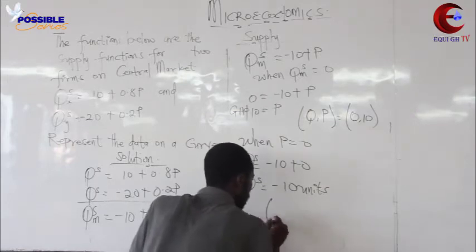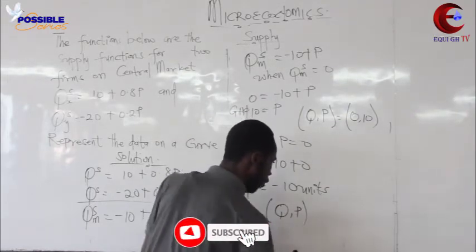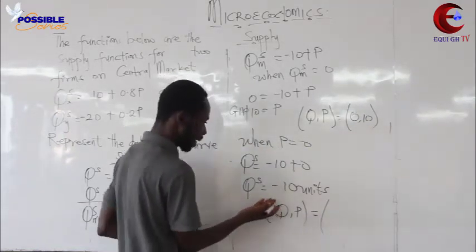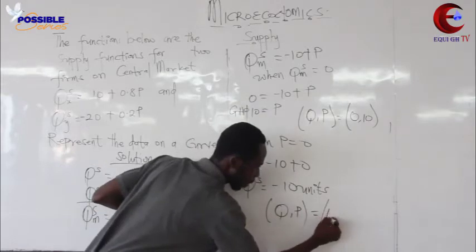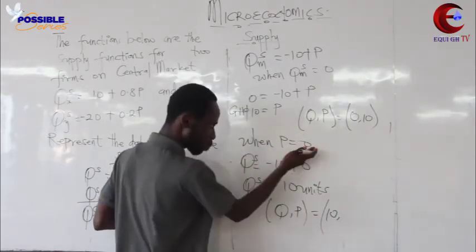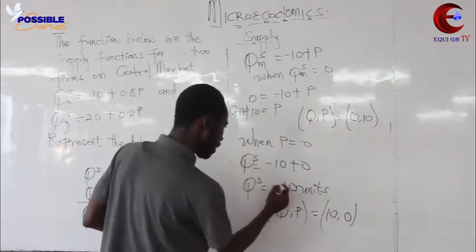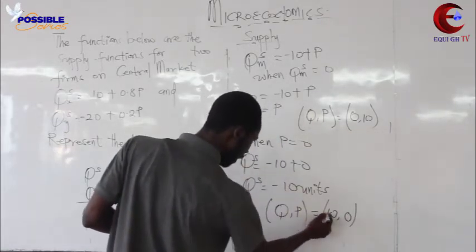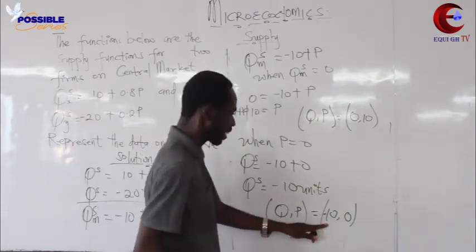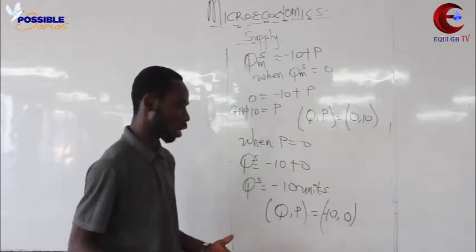In point form, when price is 0, the quantity is negative 10. Don't be confused, we can get negative quantity supplied.